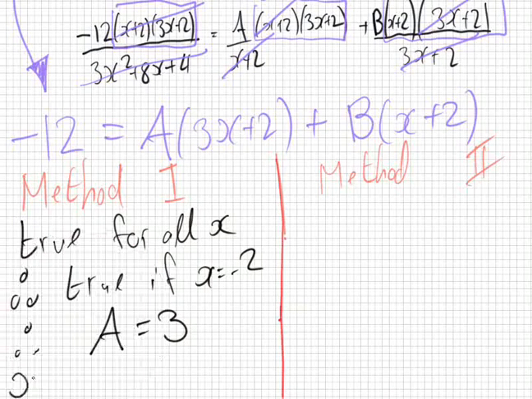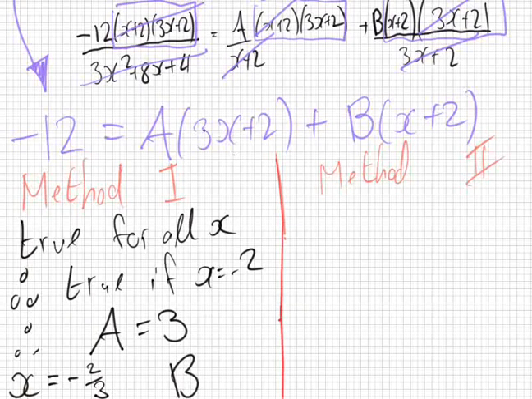Now, if I do x equal to minus 2 over 3, that would give me b equals, let me see, so that's gone. 2 minus 2 over 3, that's 4 over 3.